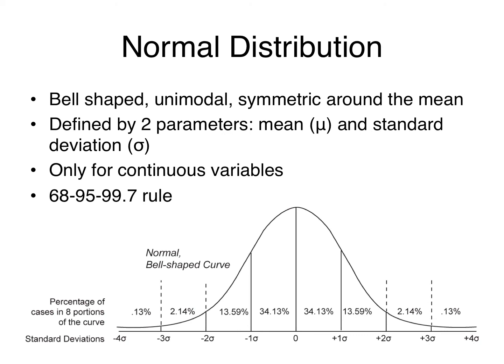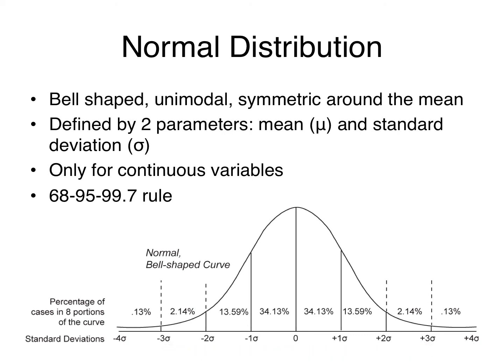The total area under the curve of the normal distribution is 100%, and the normal distribution is characterized by the 68, 95, 99.7 rule. And this means that approximately 68% of the data will be within plus or minus 1 standard deviation of the mean. 95% of the observations will be within plus or minus 2 standard deviations of the mean, and 99.7% of the observations will be within plus or minus 3 standard deviations of the mean.